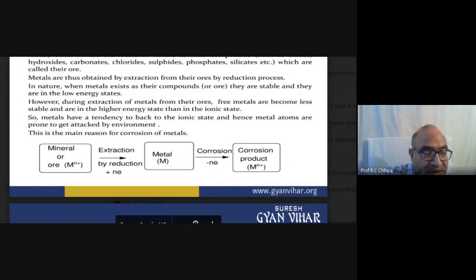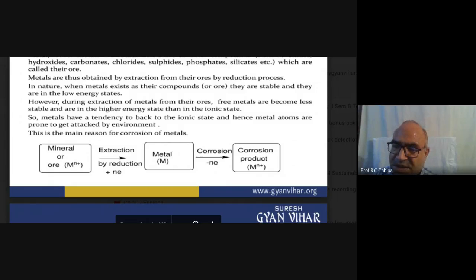The question: how many types of corrosion may be there, and what are the examples? We have given lots of examples, different metals, different alloys also. All of you are well known about stainless steel, and stainless steel itself is an alloy.